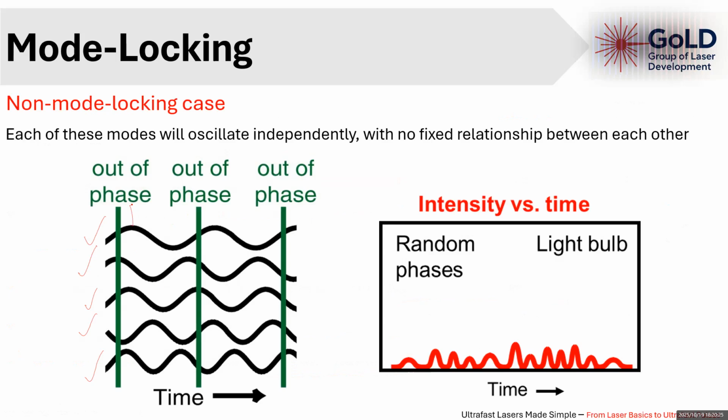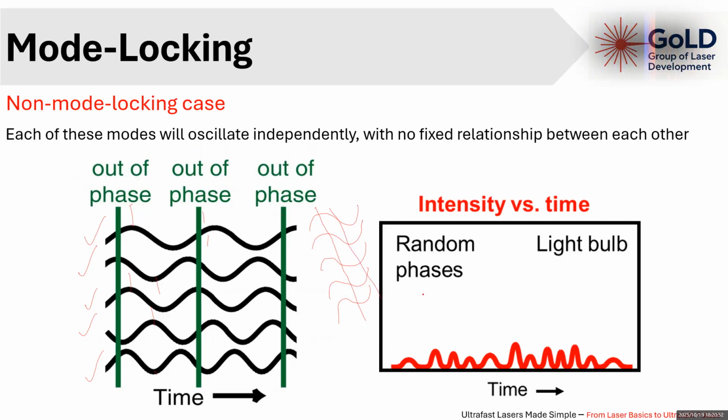You can see here, trough, crest, trough. Out of phase here as well. They will be in phase if they are like this. I'm giving you the example, like this. So they are in phase.